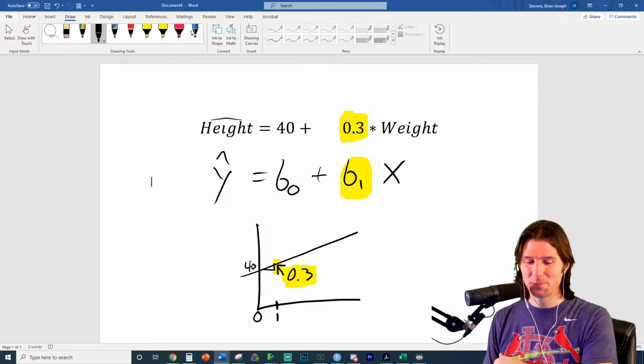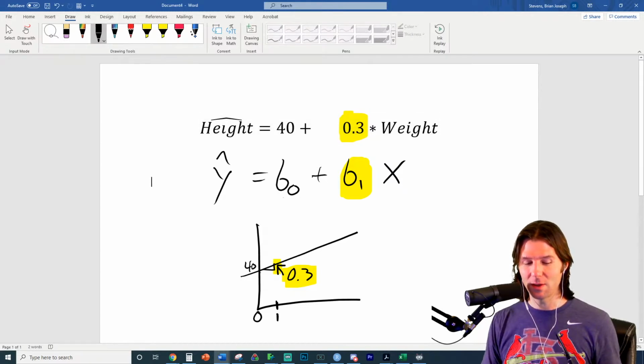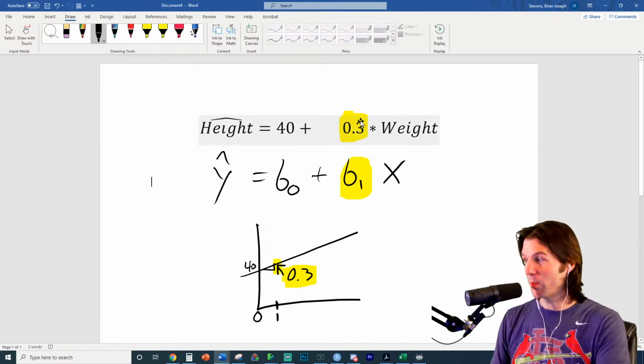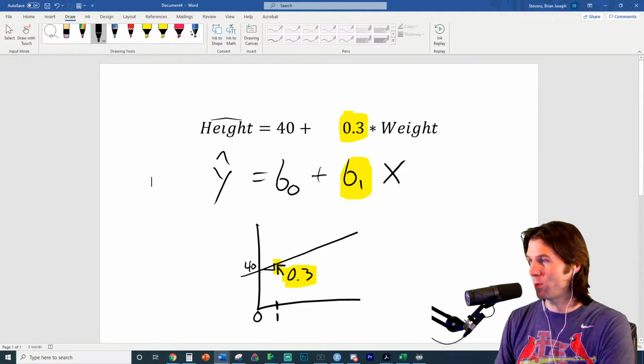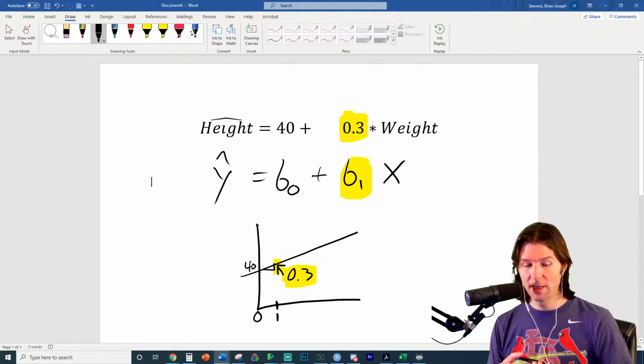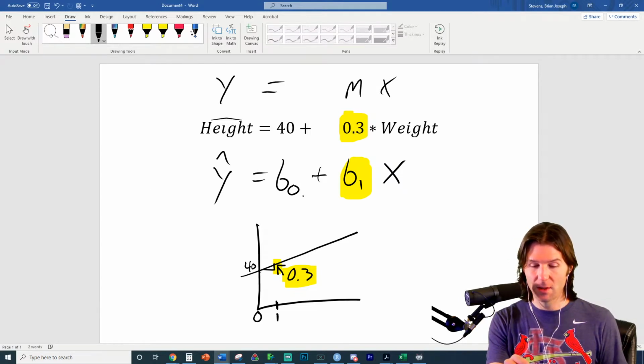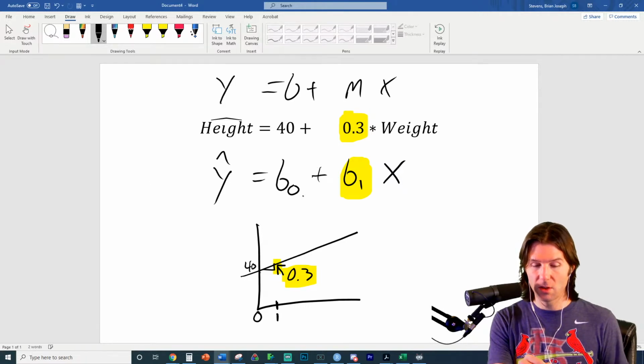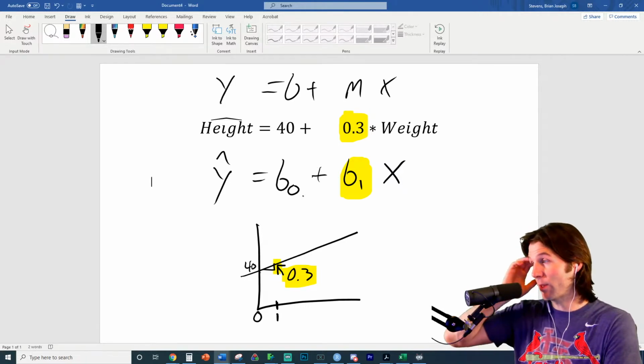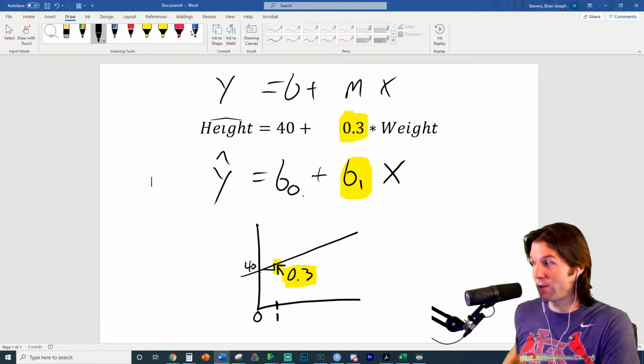Right here, you need to know that b0 is this, b1 is this, and be able to write the equation out with y hat equals b0 plus b1x. If you're wondering how this relates to algebra, this is y equals mx plus b. It's just the way we write it in statistics.